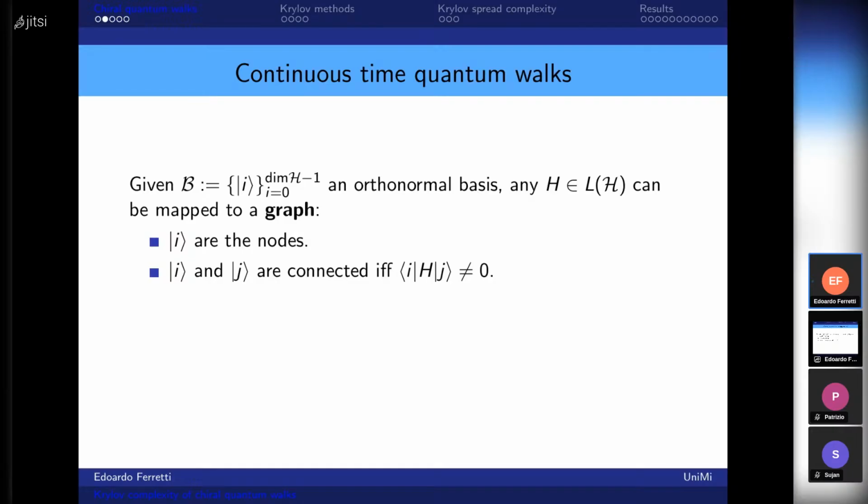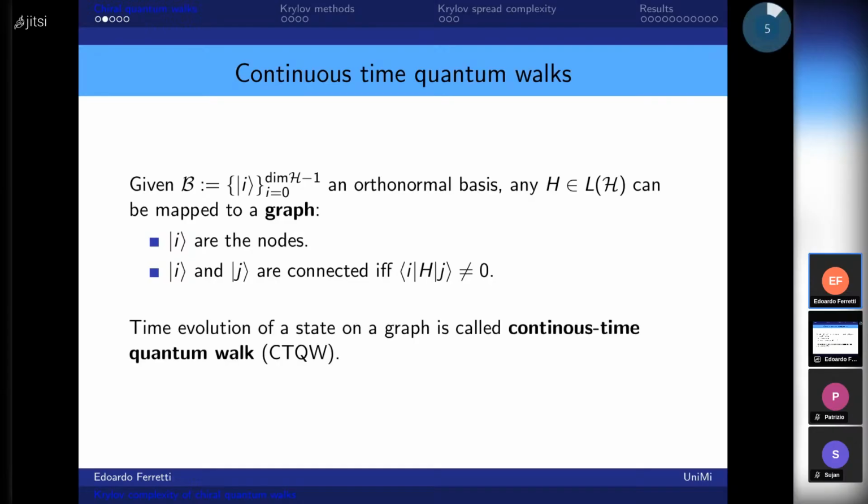The orthonormal states of the basis are the nodes, or vertices, of the graph, and we connect two vertices with an edge if and only if the matrix element of H between these two states is different from 0, and we assign to it a weight equal to the matrix element itself.